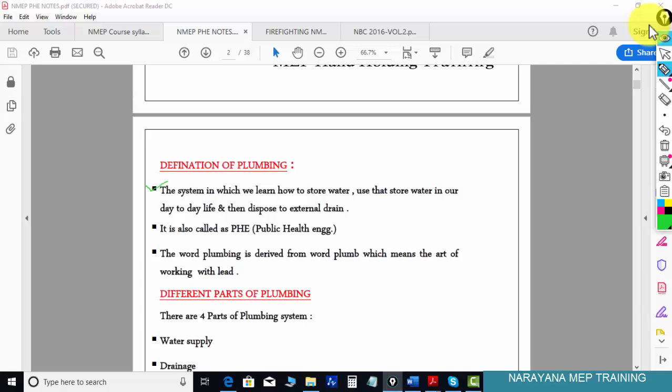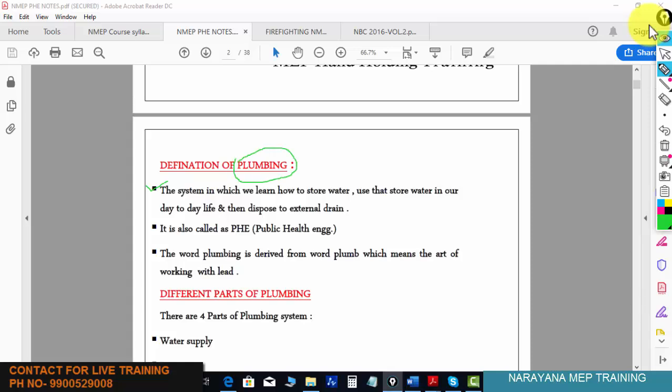Second is what is PHE? Most people also call plumbing PHE. Actually, plumbing is a part of PHE. It makes sense, right? PHE is divided into two systems.